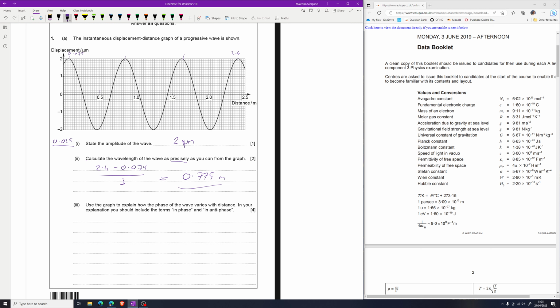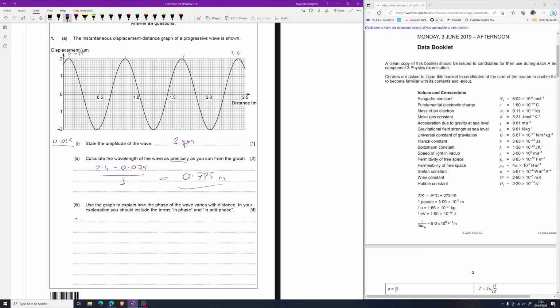Using the graph to explain how the phase of the wave varies with distance, in your explanation include the terms in phase and in antiphase. Now, I wonder, is it okay to label this graph up? There's 4 marks here.